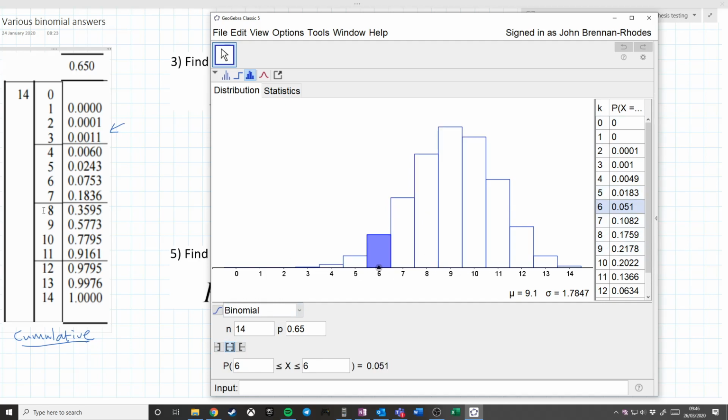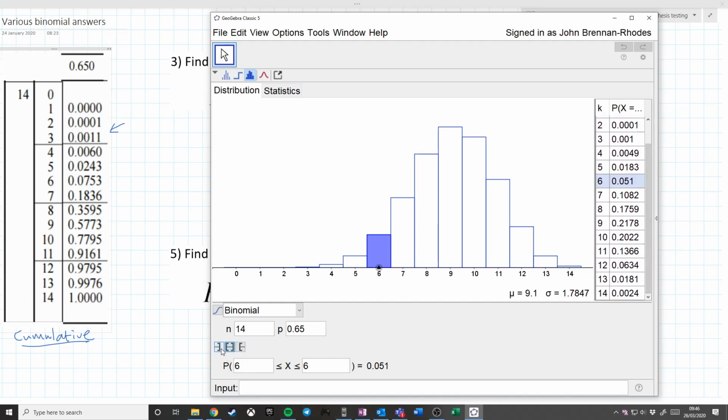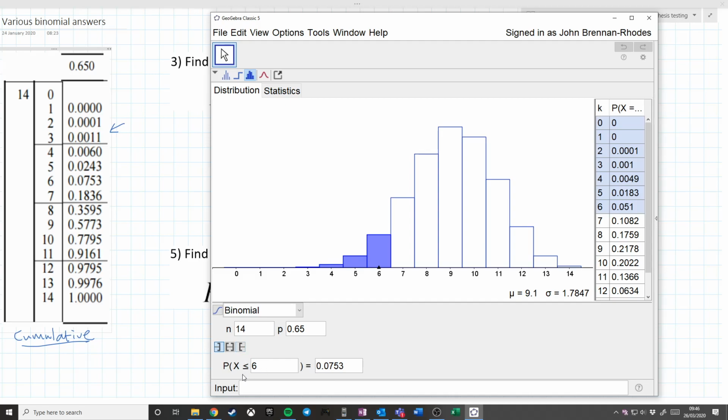So you note it's different to on the left-hand side over here, because that is cumulative. This is the actual probabilities, but I can do cumulative at the bottom here. So if you look at the bottom of the screen now, I've got the probability of less than or equal to 6 is 0.0753, exactly matching what I've got on the table.